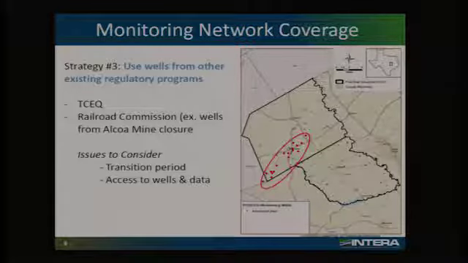But some issues to consider with that is that transition period between when the stuff is closing, and to make sure that you get all the information you need so that it actually can effectively be used in your monitoring network.